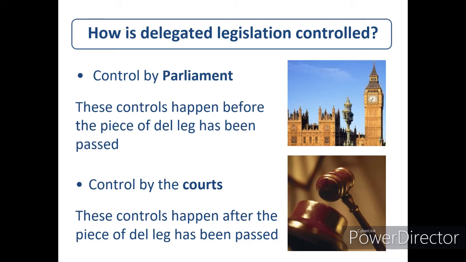Delegated legislation can be controlled before it gets passed and afterwards. When it's before, it's controlled by Parliament, but afterwards the court will consider it, and these are called judicial controls. That will be for our next lesson.